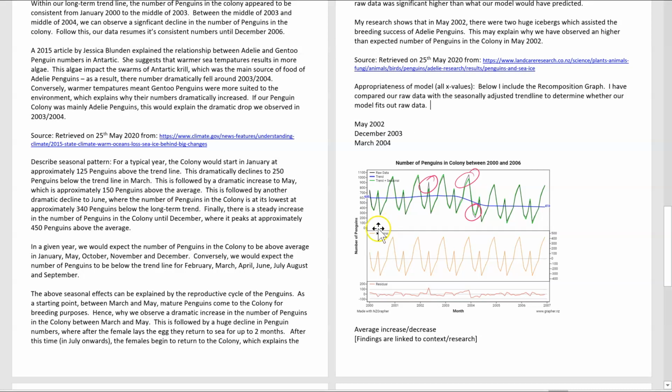And then the key thing is we just want to communicate that we're confident there are very small residuals at all points in our graph apart from those three.